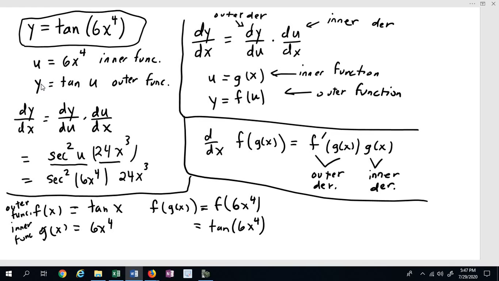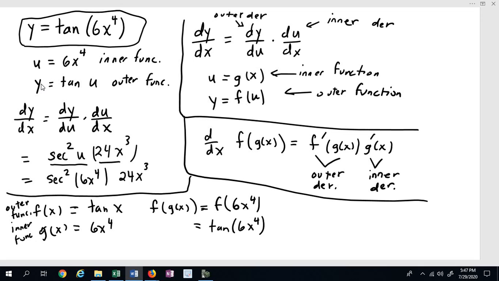So all we're doing is taking this composition and writing out explicitly what the outer and the inner functions are. Once you've done that, the chain rule says that the derivative of a composition, f composed with g of x, is f prime evaluated at g of x times g prime of x. It should have a prime on it.